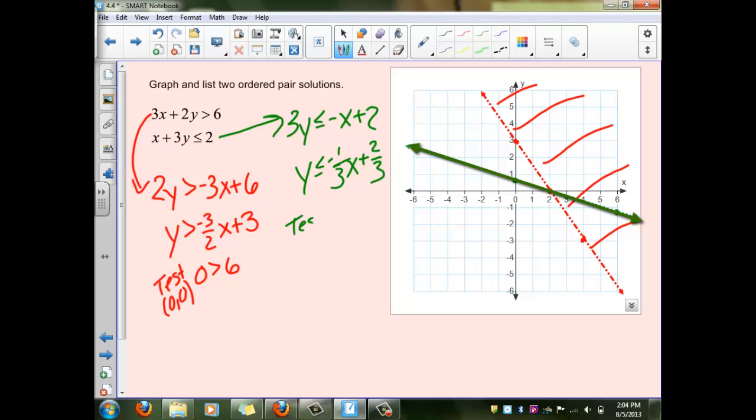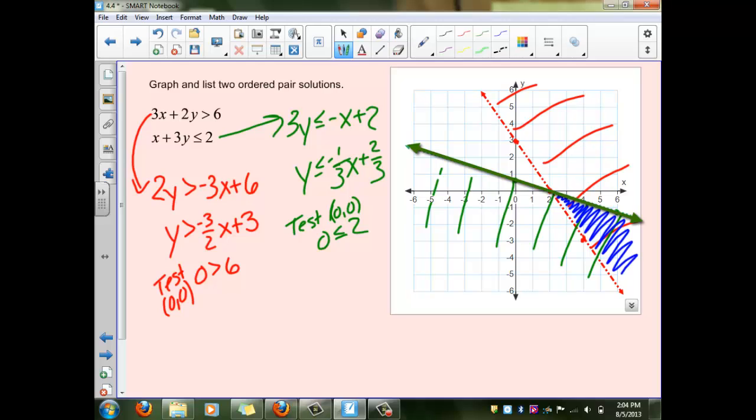And if we tested the point 0, 0, we'd have 0 less than or equal to 2, which is true. So we would shade this side. So then the area that they overlap or have in common is this little triangle in here. So 2 solutions. We could use 4, negative 2. We could also use 5, negative 3.